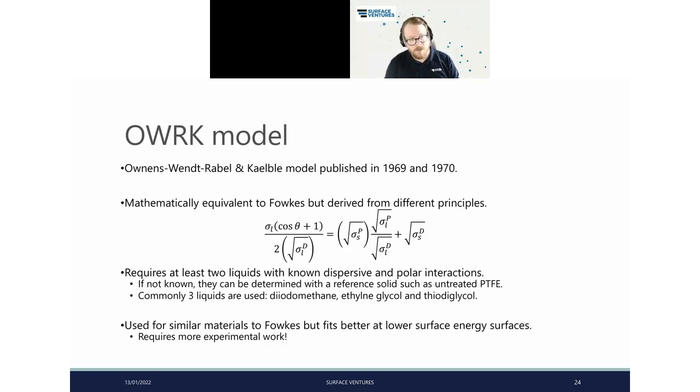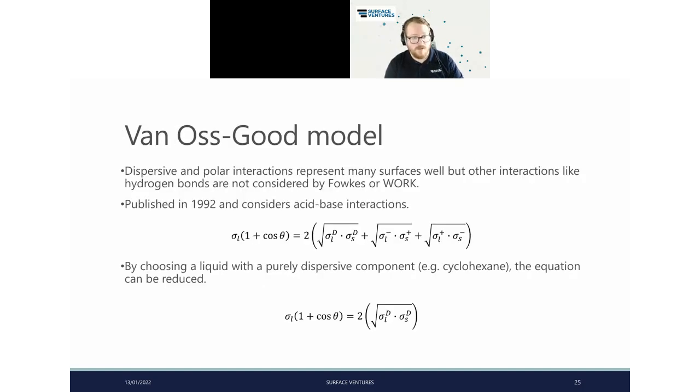One other model here is the Van Oss-Good model, where we're considering something slightly different again. Many surfaces can be considered in terms of their dispersive and polar interactions, as I talked about previously. But a lot of surfaces can be considered in terms of hydrogen bonds, which aren't considered in the Fowkes or OWRK. Apologies, the spell check must have decided I was trying to spell work there.